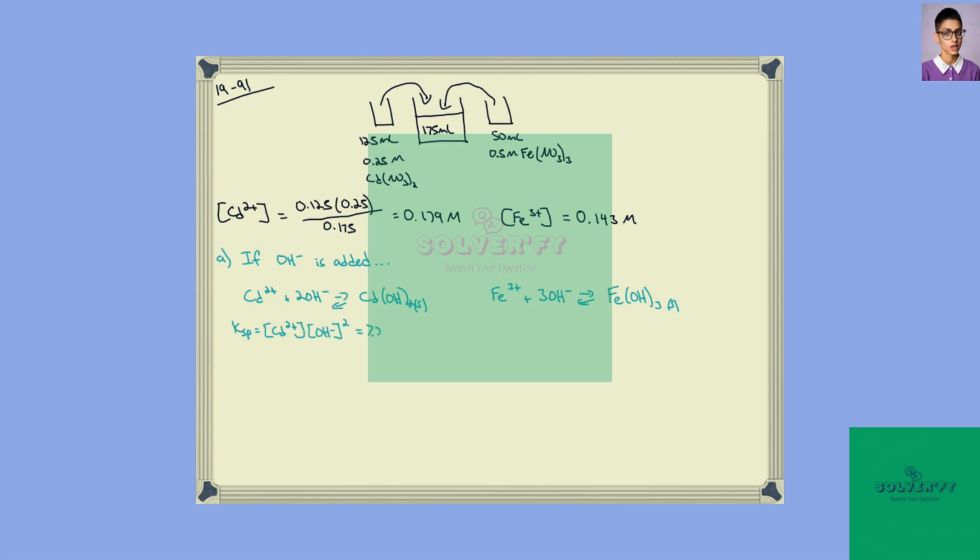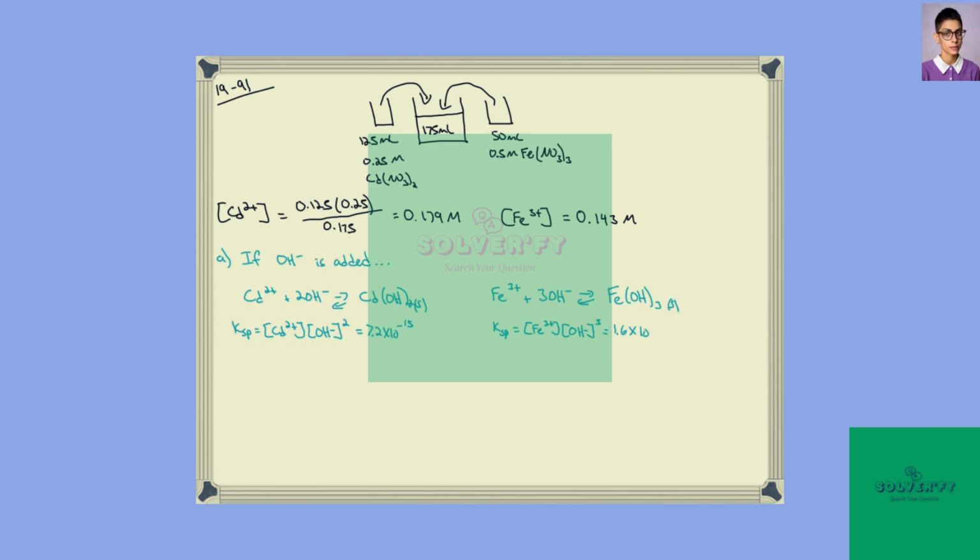iron 3 hydroxide solid. The KSP for cadmium hydroxide is equal to the cadmium concentration multiplied by the hydroxide concentration squared, and we can look up that value. It's 7.2 times 10 to the negative 15. We'll do the same thing for the iron 3 plus with hydroxide forming iron 3 hydroxide.